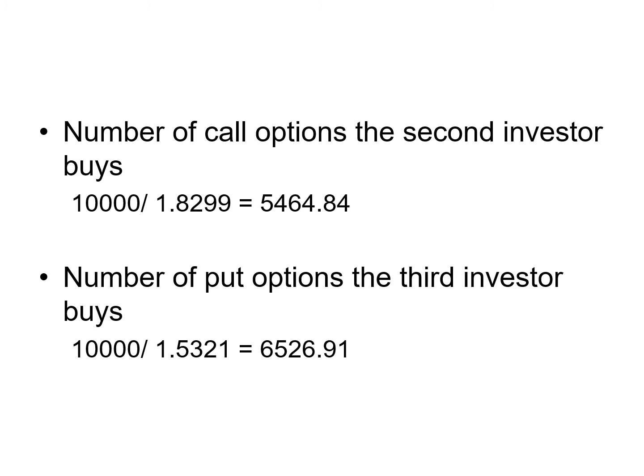The number of call options the second investor buys is 10,000 divided by the call option price, which is more than 5,000 call options. The number of put options the third investor buys is 10,000 divided by the put option price, which is over 6,000 put options.